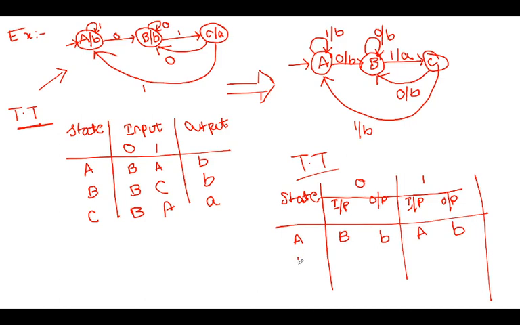Next, B state takes the input 0 and goes to B state only and produces the output small b. B on taking the input 1 goes to C and produces the output small a. C on taking the input 0 goes to B and produces the output small b. C on taking the input 1 goes to A and produces the output small b.